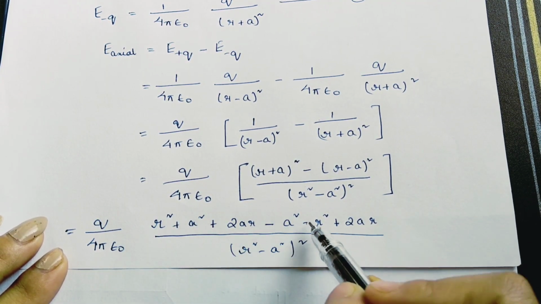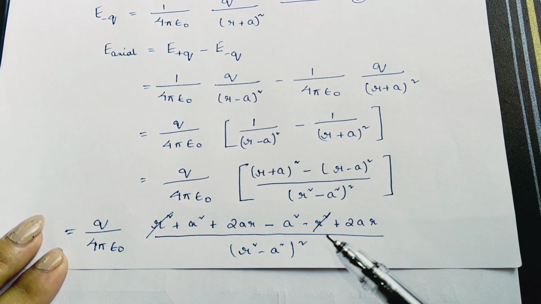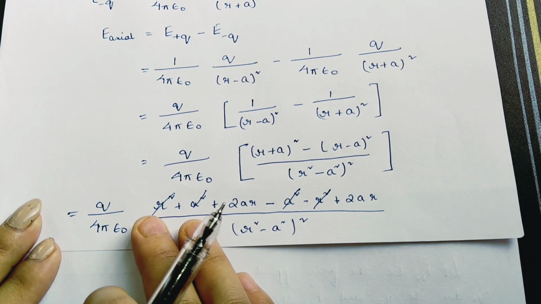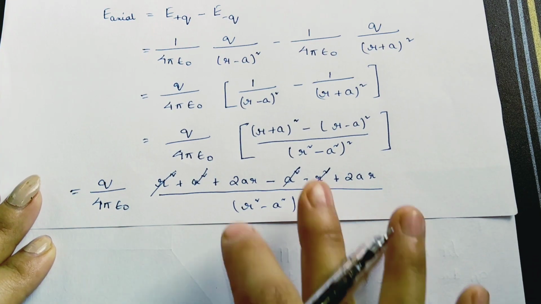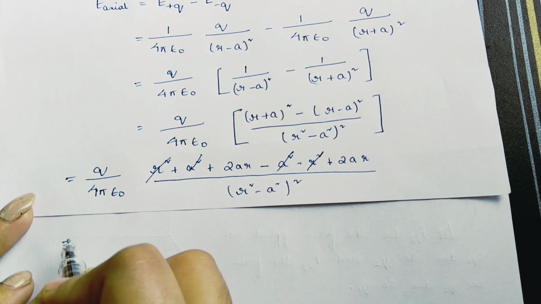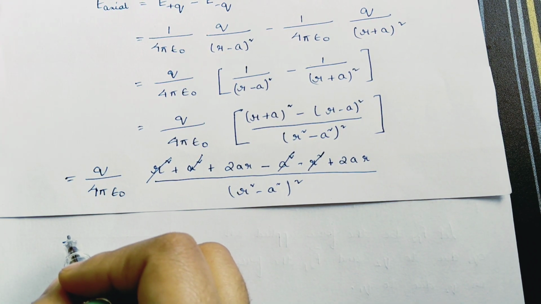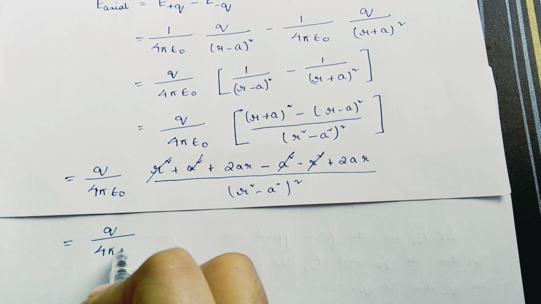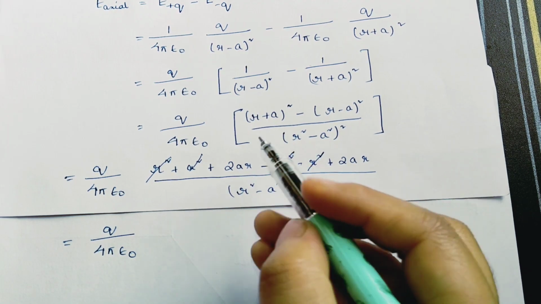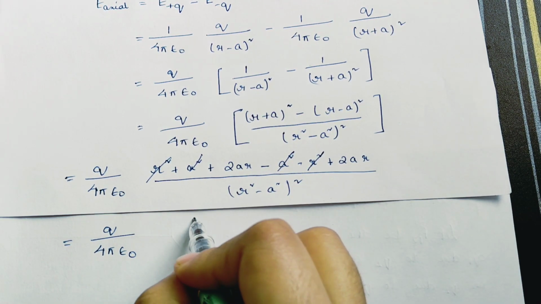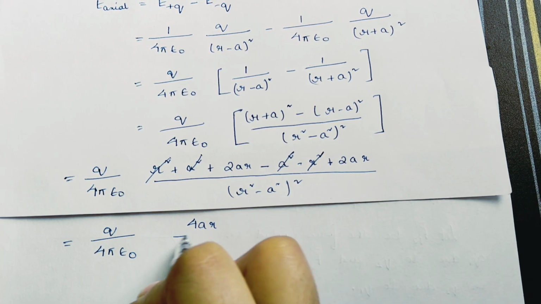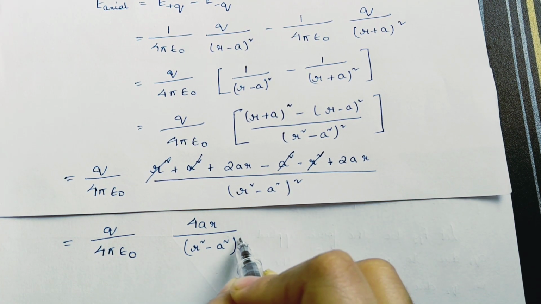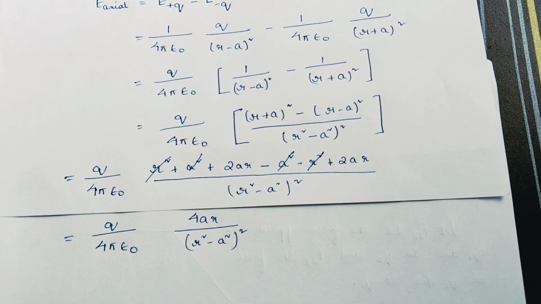Now what can we cancel from here? Plus r squared and minus r squared, plus a squared and minus a squared. When we cancel that out, we're left with q divided by 4 pi epsilon naught times 2ar plus 2ar, which is 4ar, divided by (r squared minus a squared) squared.